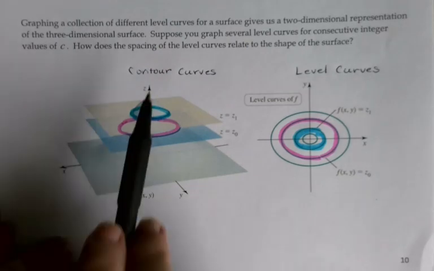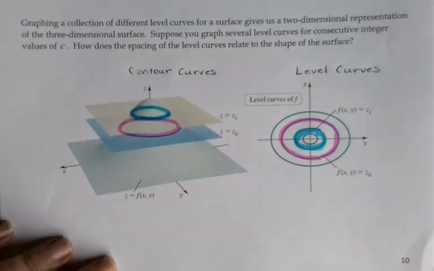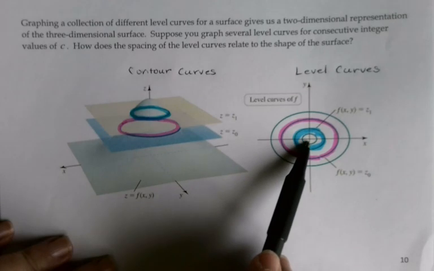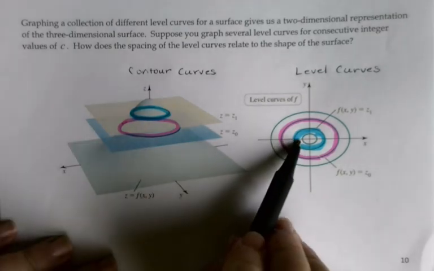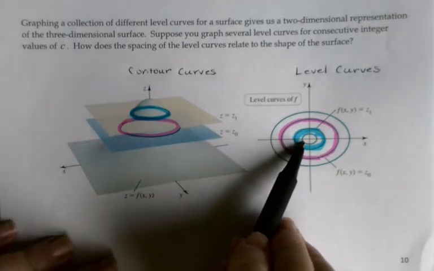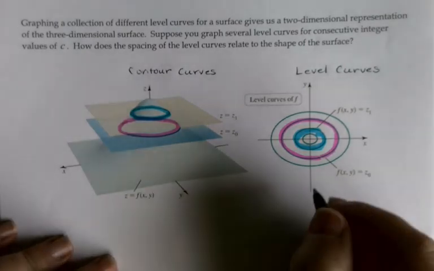One quick note: how does the spacing of the level curves relate to the shape of the surface? The closer together the level curves are, the steeper the original surface. You can see in here you've got a couple that are getting closer together, because this is slightly steeper as we go up.